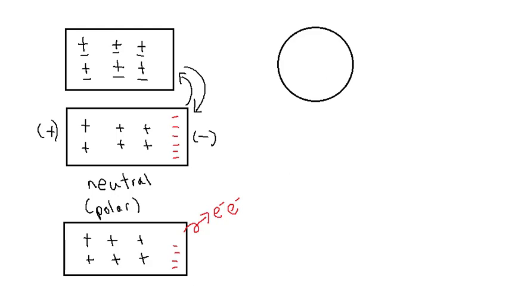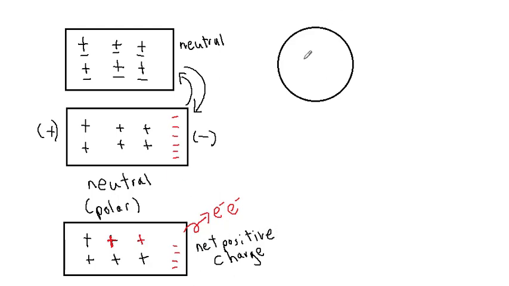We now have 2 protons that are not counterbalanced by electrons. We have 6 positives and 4 negatives. So this would then be considered charged. This would be a net positive charge. So this is neutral but polar. This is neutral but polar. And this is a net positive charge.